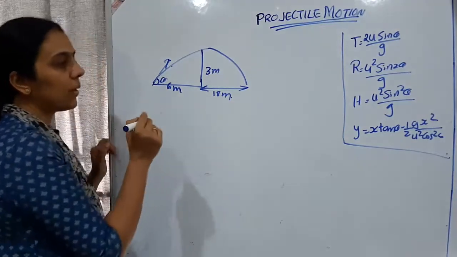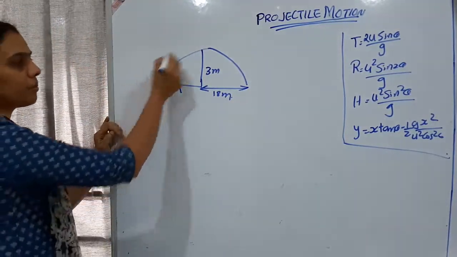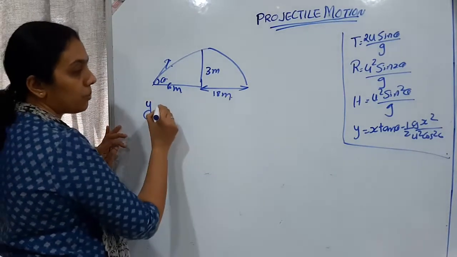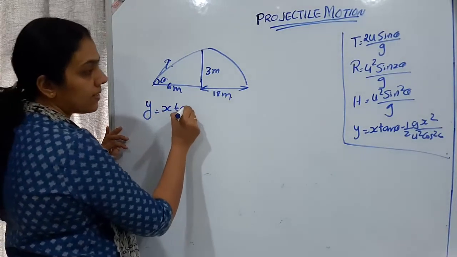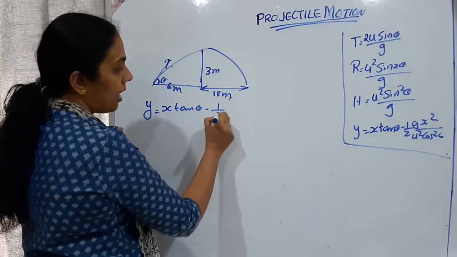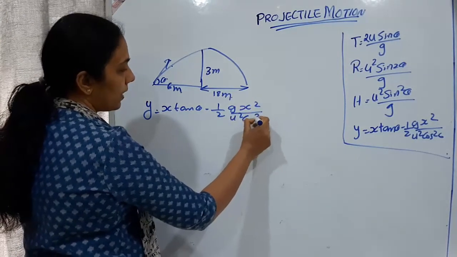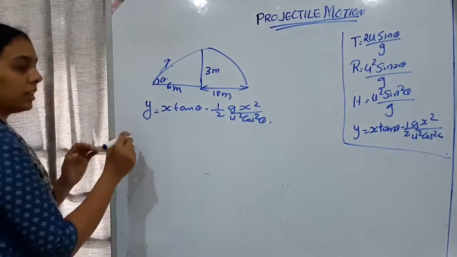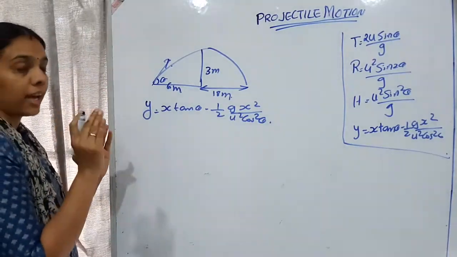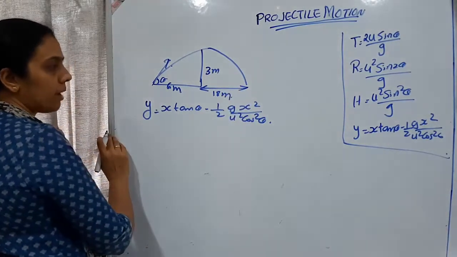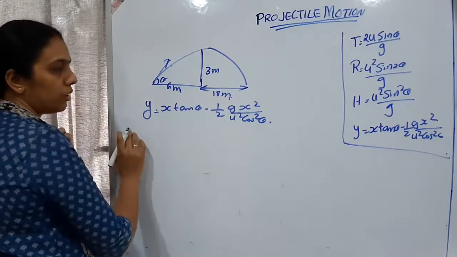Here we know it is a projectile motion, so first I am considering the path of the projectile: y equals x tan theta minus half g x square divided by u square cos square theta. Our aim is to find the value of theta. Here we know the total distance covered, the range, is 24 meter.